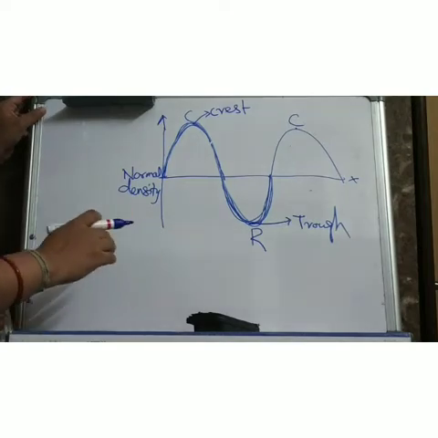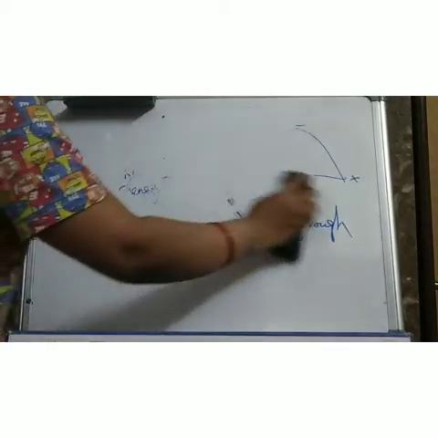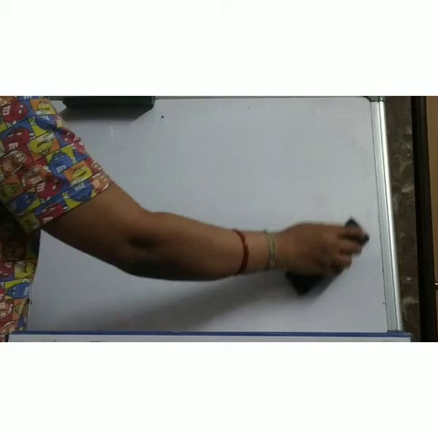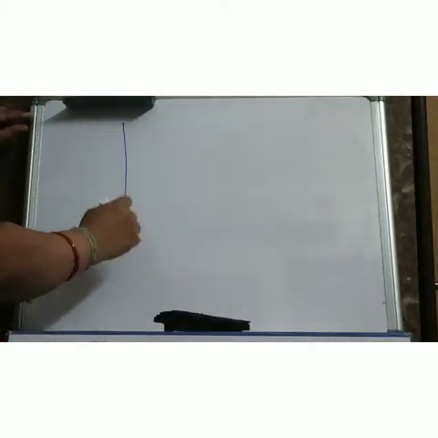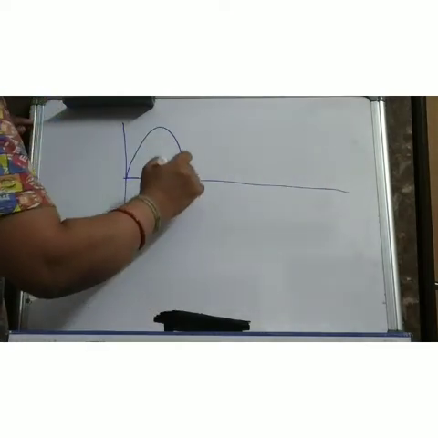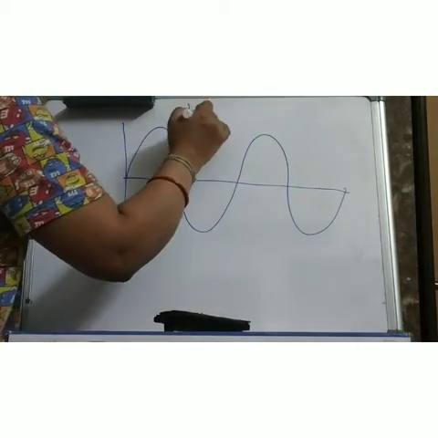Then what is a wavelength? Now we will discuss what is a wavelength. As the name suggests, a wavelength is the length of a complete wave.